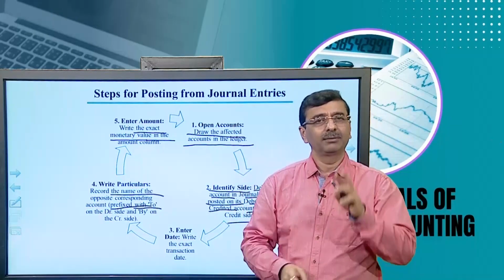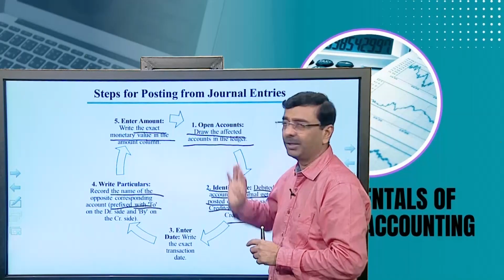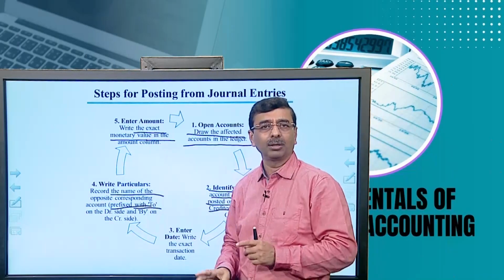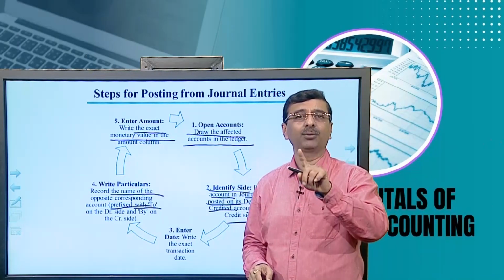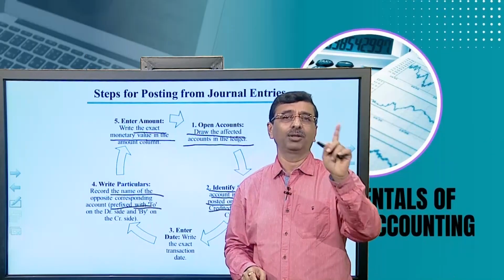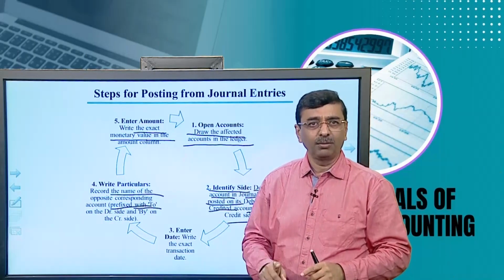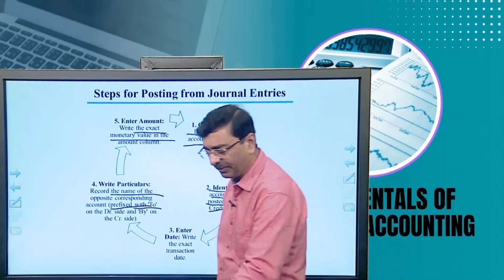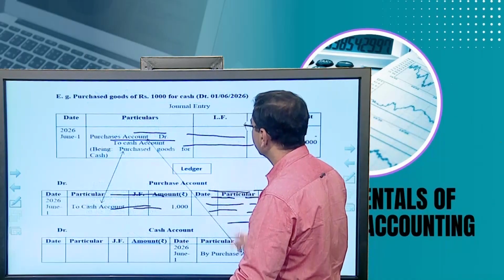The same amount will be written in that posting. So write the exact monetary value in the amount column which was recorded in the journal book in front of the specific account of the posting transaction. That's very clear. So you have to be very careful, correct? So these are the steps.